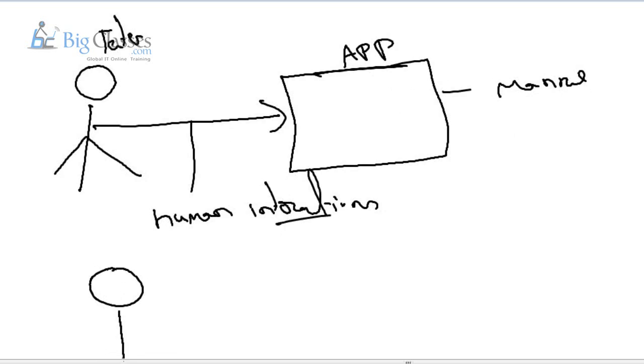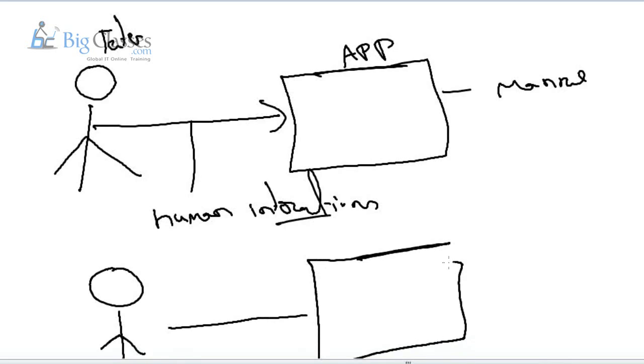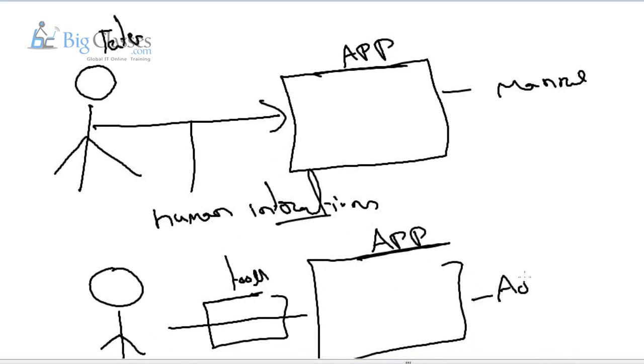Likewise, the testing engineer conducts testing on the application with the help of tools and software. Try to understand the differences here. In manual testing, between the testing engineer and the application, there are no tools, only human interactions. In automation testing, the testing engineer conducts testing on the application using some tools.